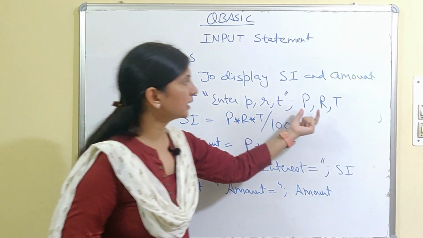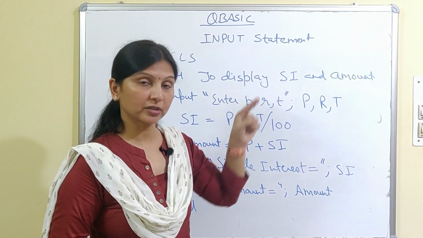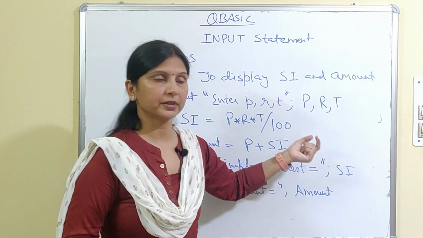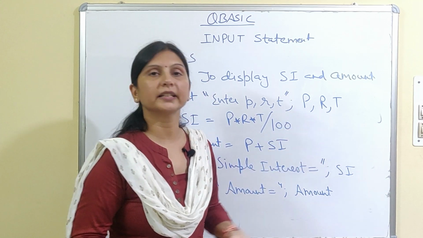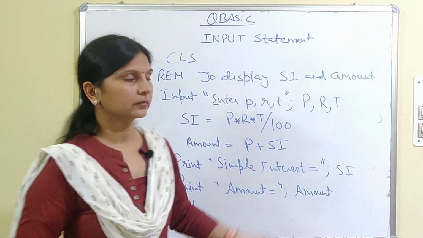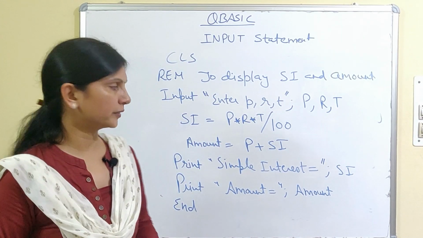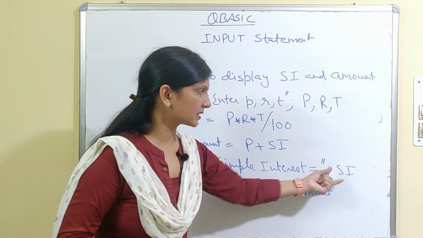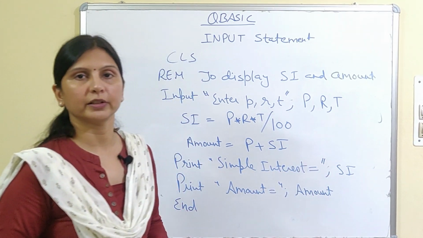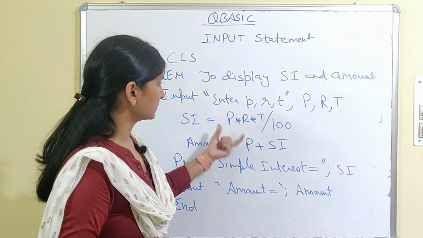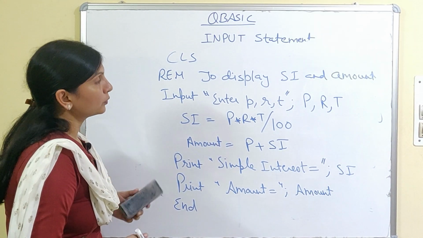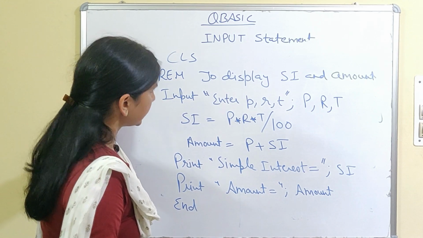Then you will enter, then a question mark will appear, then you will give 2000 for principal, rate 5 and time 2. Then the output will be simple interest, whatever simple interest comes, then amount equals to whatever the value is calculated.